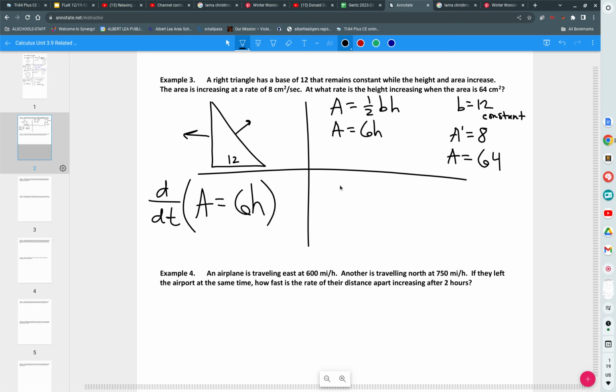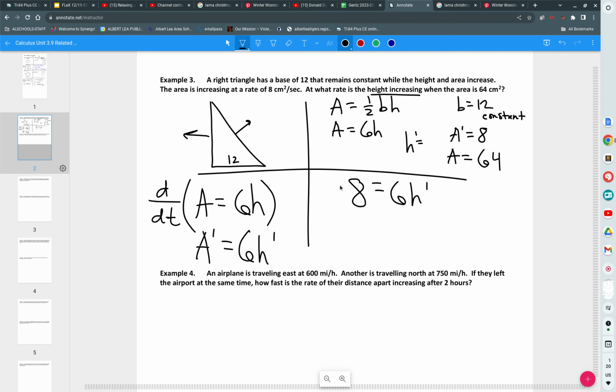And so as I take this derivative with respect to time, I have the following. Derivative of area equals 6h. What's the derivative of A? A prime. And the derivative of 6h? 6h prime. Okay? It says at what rate is the height increasing? So we're looking for h prime. And so I plug in A prime, which is 8, is equal to 6h prime.